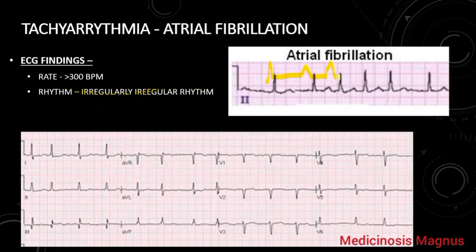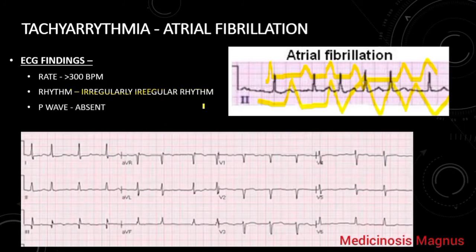Then again this pattern would repeat, one R wave, two boxes empty, one R wave and the other R wave. This is regularly irregular. But if irregularly irregular, there is a problem or abnormality in the ECG, but that abnormality does not have a regular orderly fashion. It will be just haphazardly arranged, irregularly irregular.